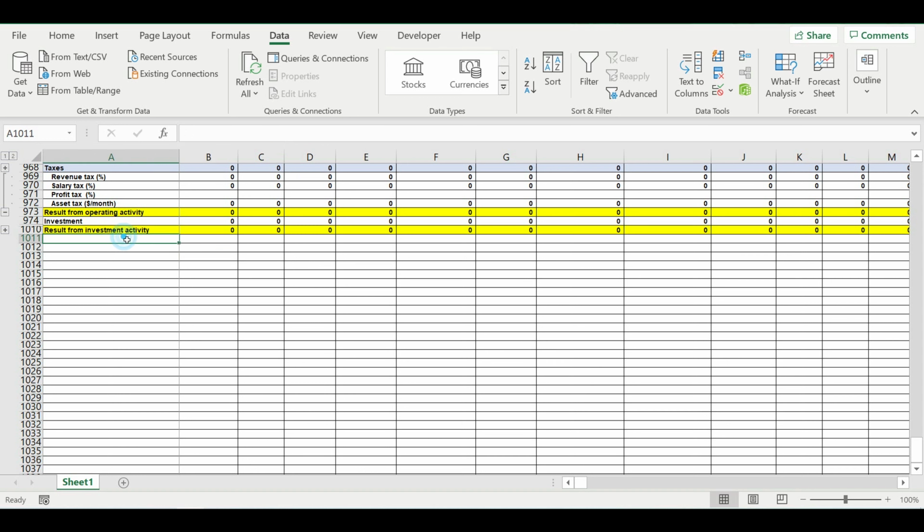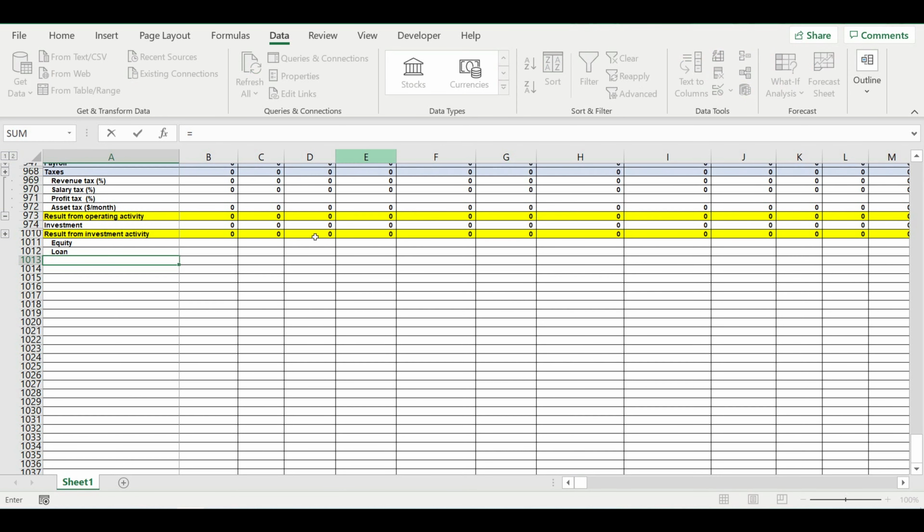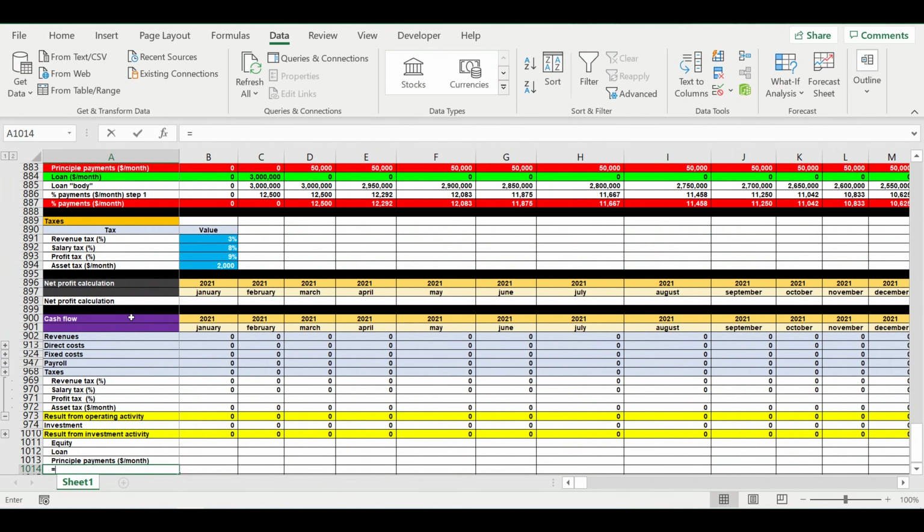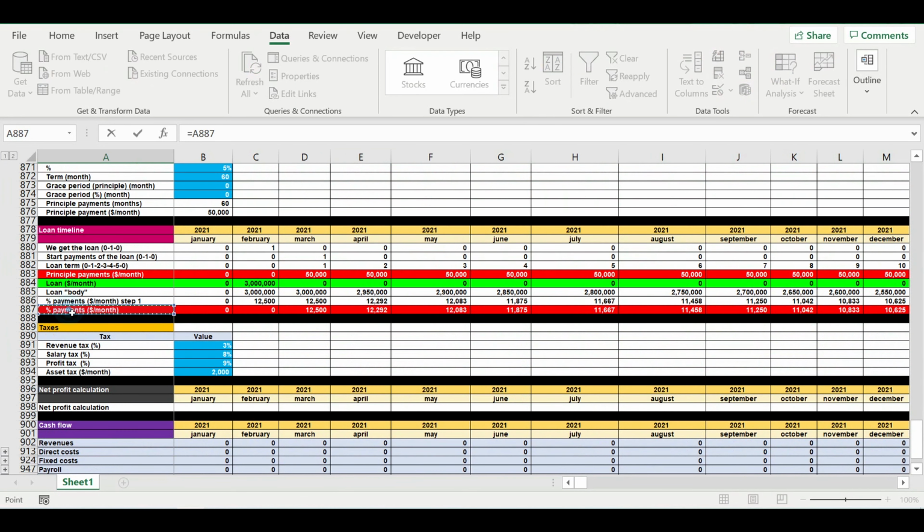Now we go to financing activity. We start with our money that we put inside our business idea. Then we describe when we get the loan. Then we describe the payments of principal. And then we describe the payments of interest.